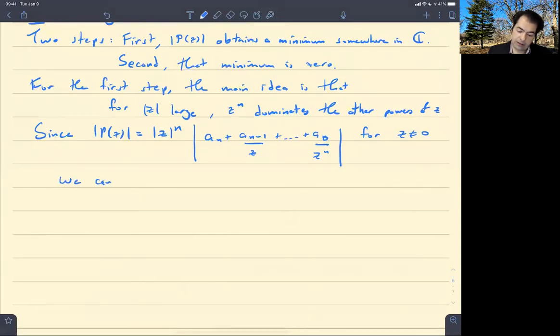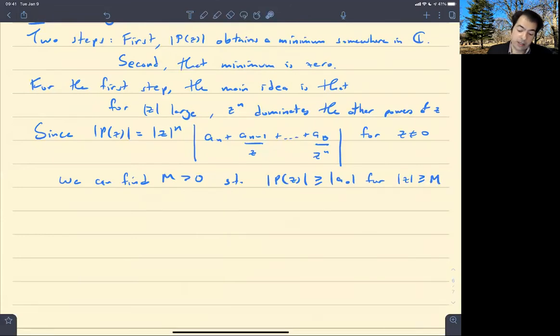And staring at that, we see that we can find some capital M such that p of z in modulus is larger than or equal to, say, a naught, or any number we like, but let's say a naught, for modulus of z greater than or equal to M.